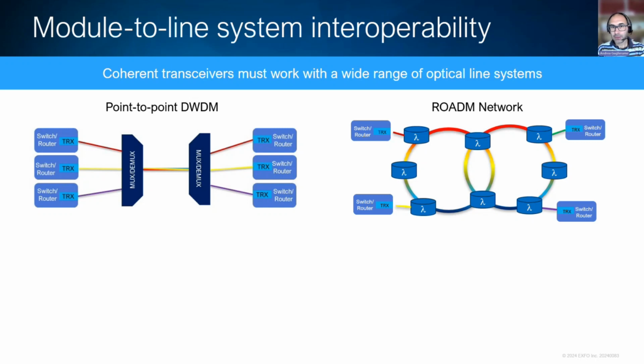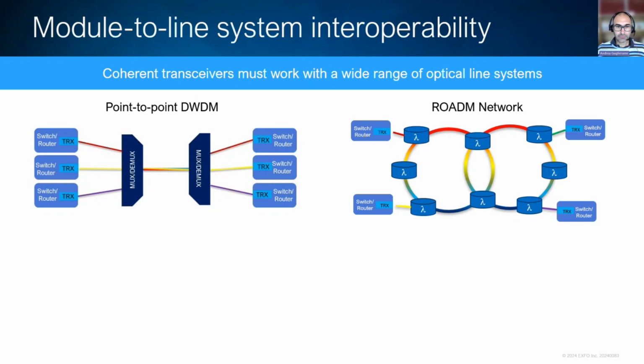Some of the IP over DWDM links in fact will be or are greenfield deployments, but some of them will be brownfield. So different types of network architecture can be already deployed in the field, which would require the coherent transceiver to have specific performance in order to coexist with what is already in the field.